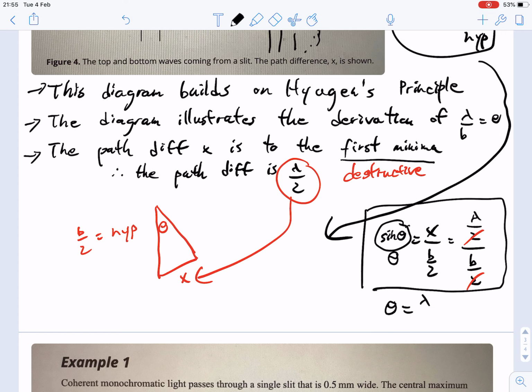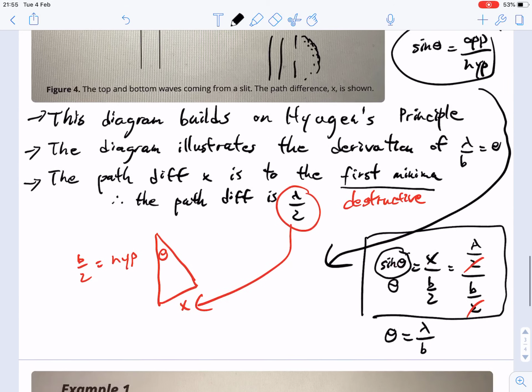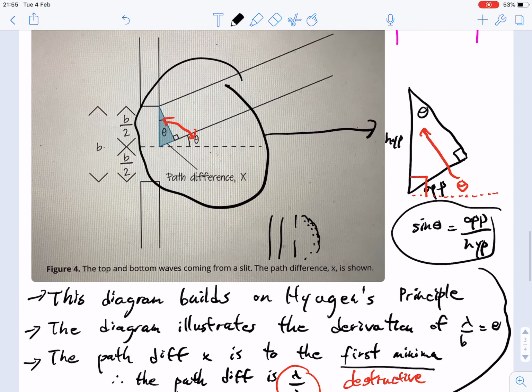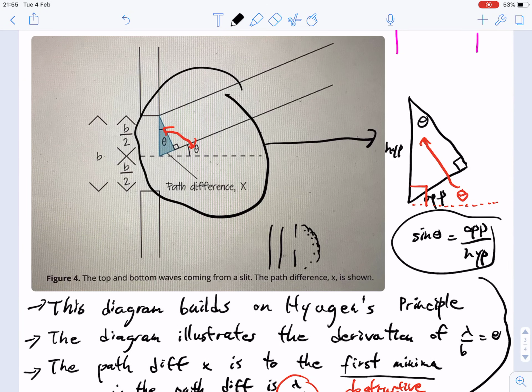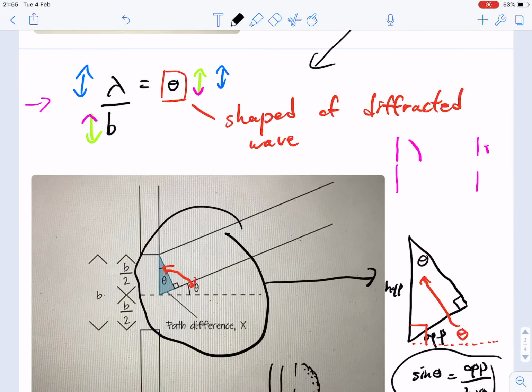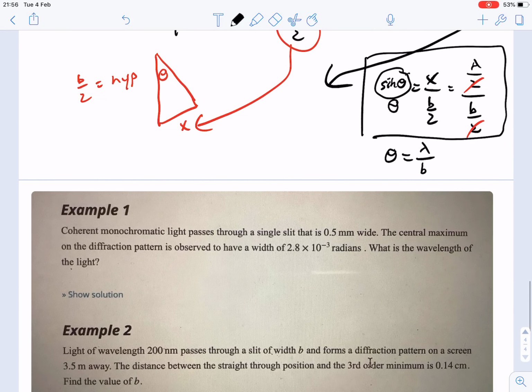And so that's how this formula comes about, through a series of trigonometry, building off of Huygens principle, and this is leading to the first destructive interference. So that's what this diagram is representing, and that's how we built this very simple formula, which really is mostly what you need to know in terms of calculations.